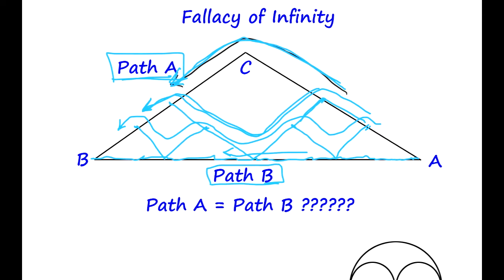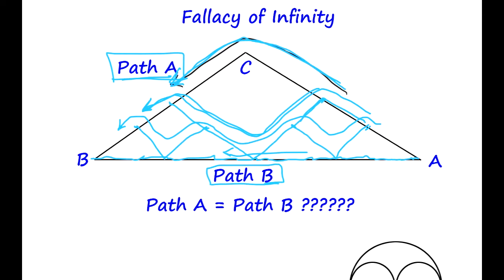I mean, we proved it, right? Did we? How do you break this fallacy of infinity? With an infinite operation, the line becomes almost the same. Path A and path B become almost the same. So what's wrong with that?